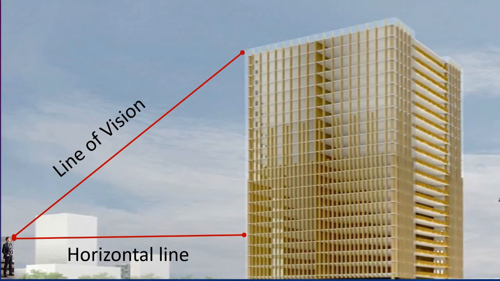So between line of vision and horizontal line, there forms an angle over here. So this angle is nothing but angle of elevation. So angle of elevation is formed when we see above the horizontal line.